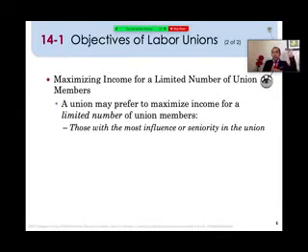Limited high income pay for certain unions, with a maximizing total wage bill for the number of hours worked, and then everybody else that just entered the industry. You could pay all three wages depending on where they are in the union.